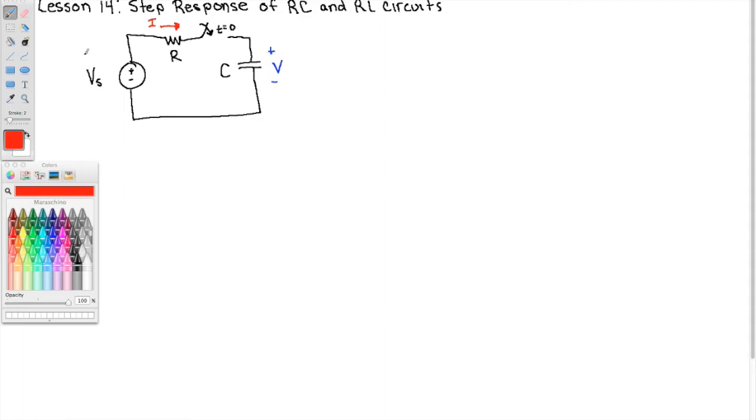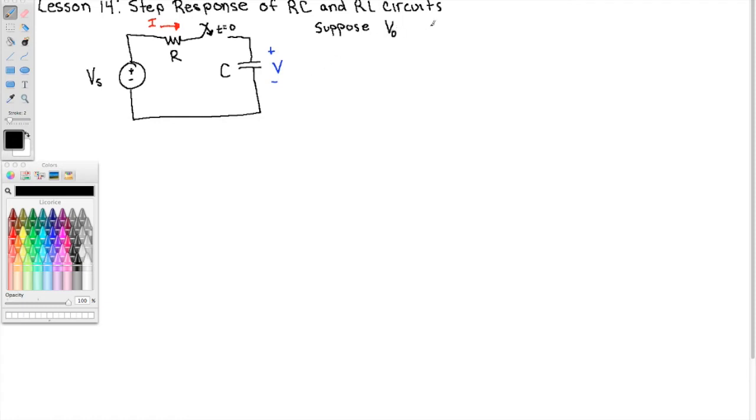Let us also suppose the capacitor is charged, and that charge gives rise to its initial voltage V0.